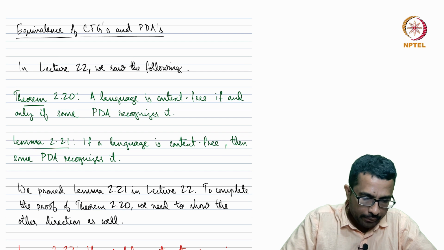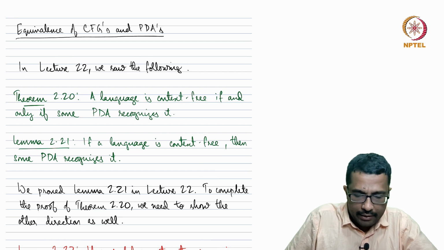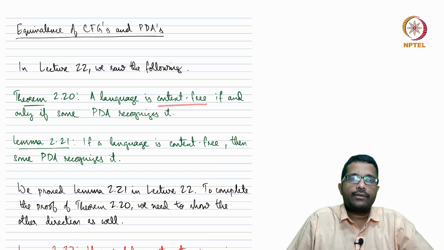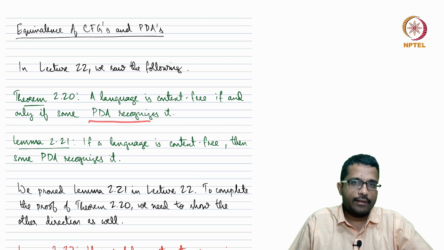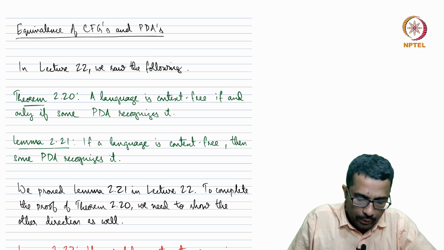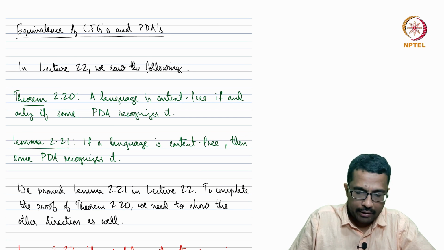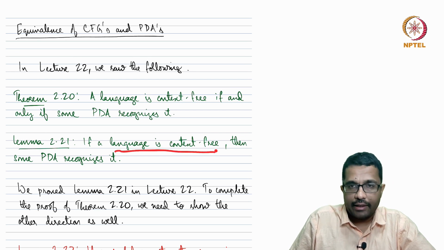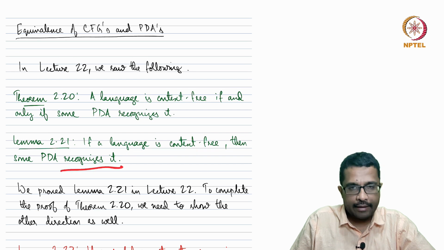The main theorem is that a language is context-free if and only if some PDA recognizes it. And then we proved lemma 2.21, which is one direction of the above theorem, which is that if a language is context free, there is some PDA that recognizes it.